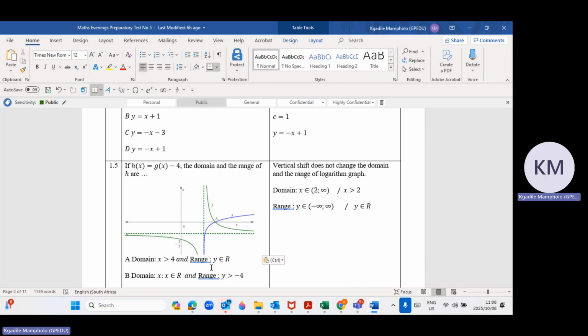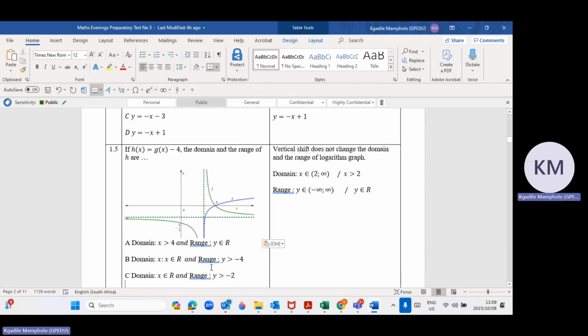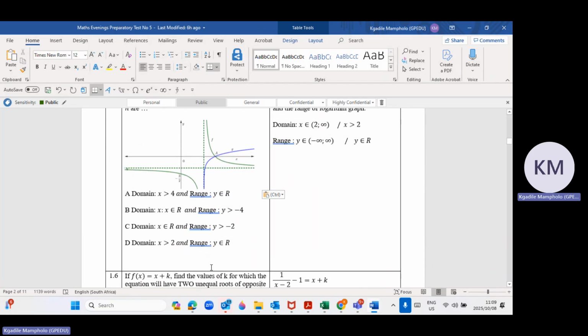Now, when coming to the range, we know that the log graph does not have a horizontal asymptote. So for any continuous log graph, the range will be from negative infinity to positive infinity. Meaning the range is not restricted, because the log graph does not have a horizontal asymptote.